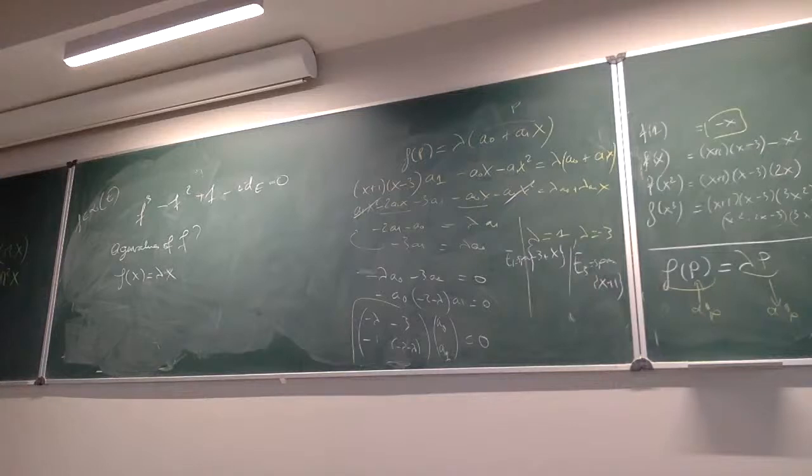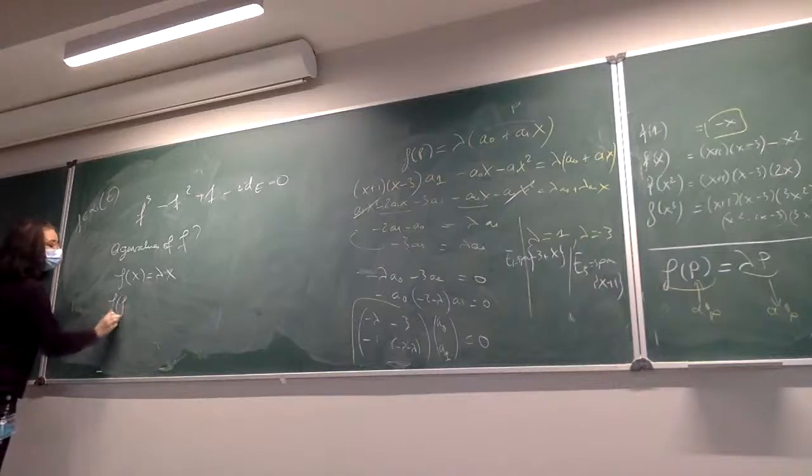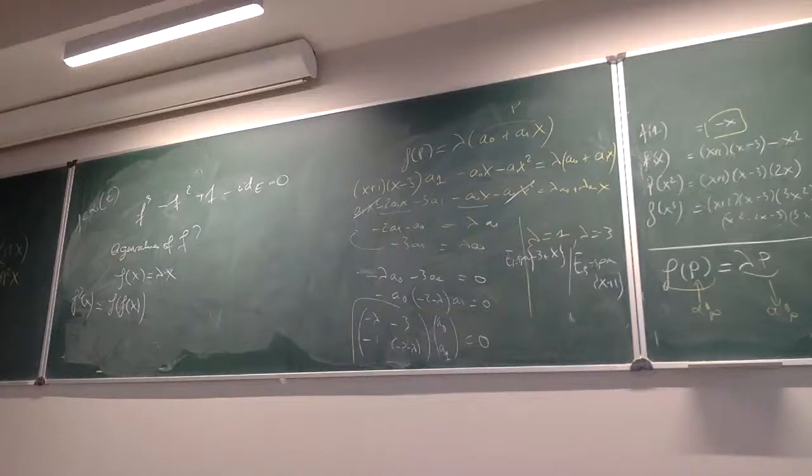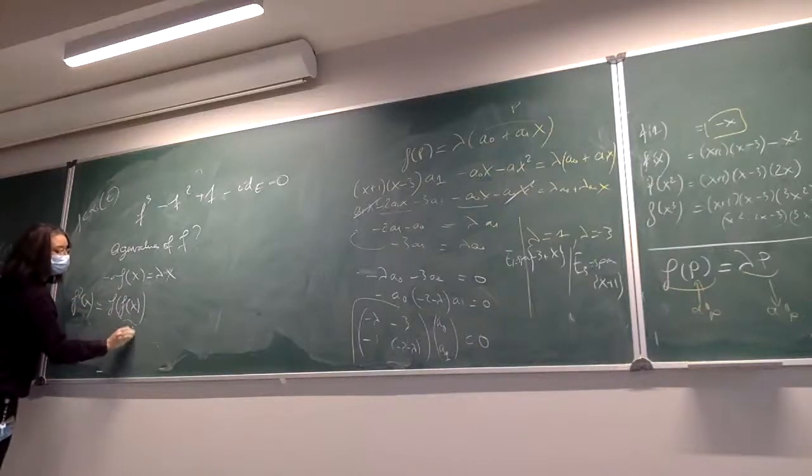What's happening if I apply my function twice? What do we get? So, if I've got an eigenvalue and eigenvector, then f of x is equal to lambda x.